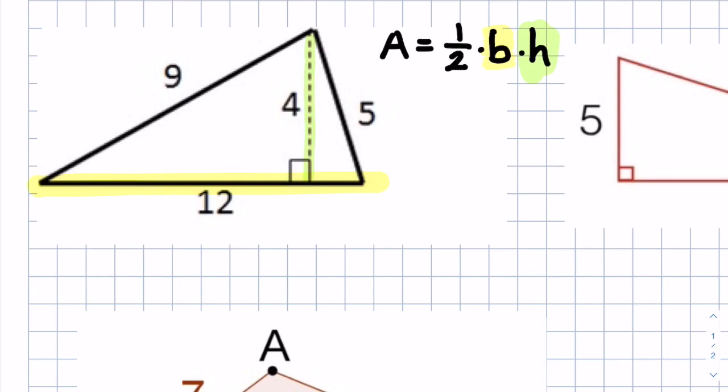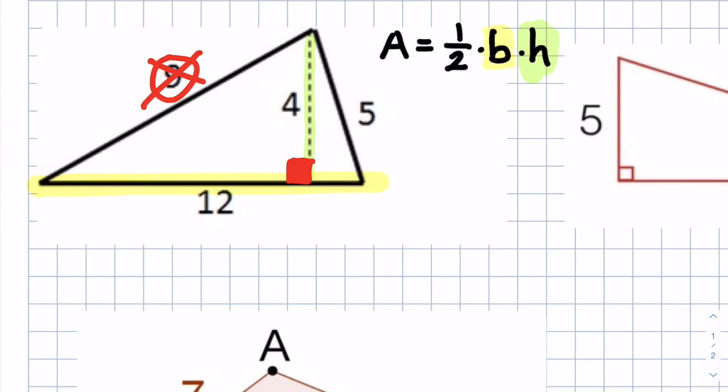And one good trick is to always look in between the base and the height, and you should find a right angle, right? So pretty much what that means is this 9, while it is in the image and while it is a property of the triangle, is not something that we consider when we're finding the area.